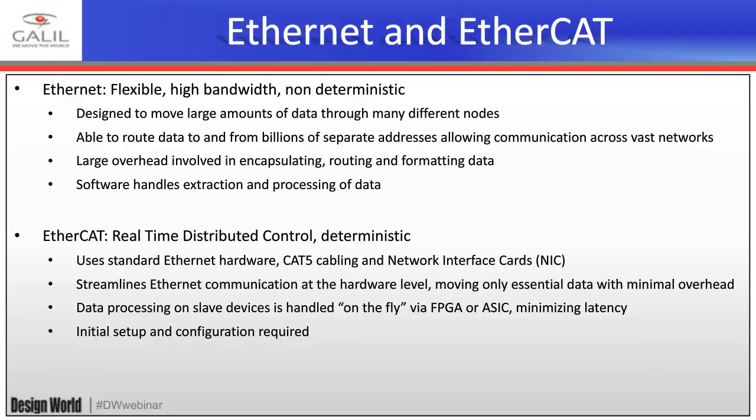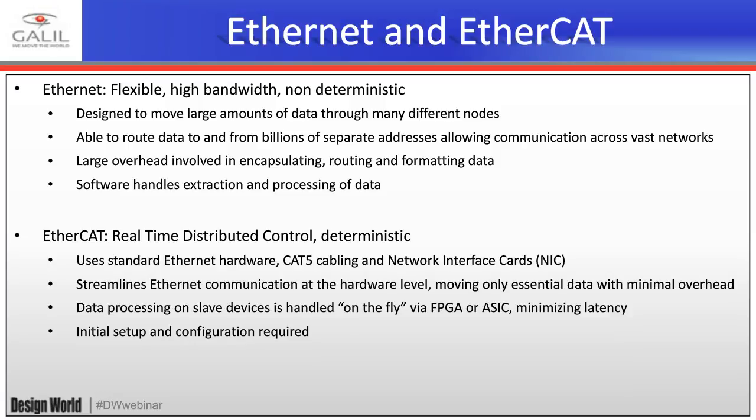So EtherCAT communication uses standard Ethernet hardware, Cat5 cabling, network interface cards, and the speed comes from the fact that on an EtherCAT network, the master that's coordinating the EtherCAT communication already knows where it's sending data. And so the EtherCAT packet does not necessarily need to have addressing information that needs to be interpreted or causing latency due to processing.